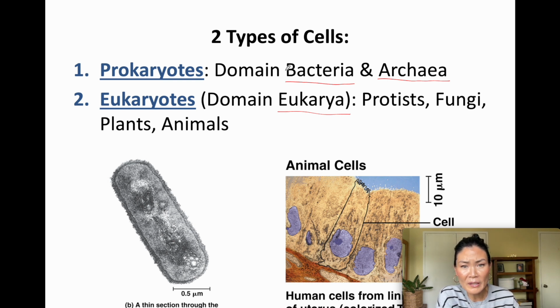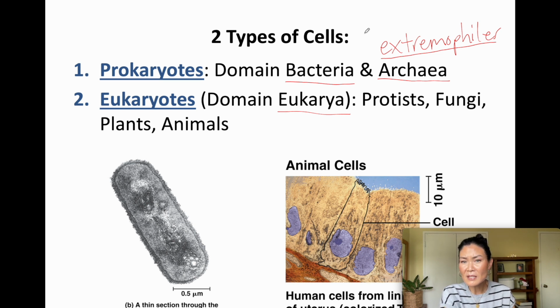You have all heard of bacteria before. You may not have heard of archaea, but archaea are a type of prokaryote that live in extreme environments. So oftentimes we refer to them as the extremophiles. These are the organisms that live in extreme environments, like deep sea vents, or in extremely hot environments like geysers.